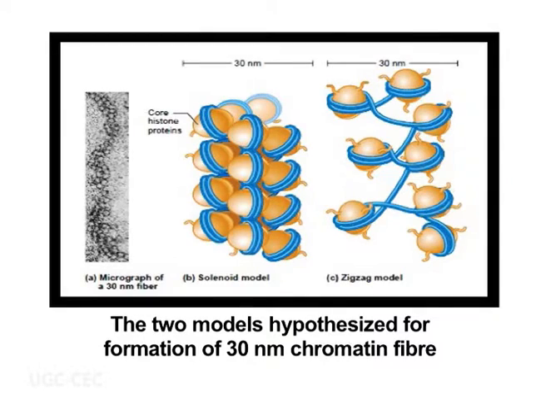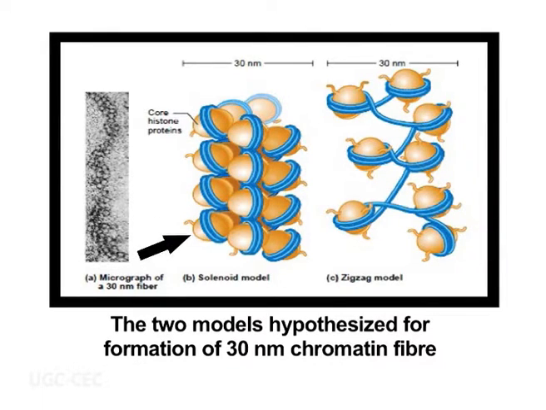The linker DNA gently curves as it connects the core nucleosome particles into a continuous helical array. There were two models hypothesized. One was the zigzag model, another is the solenoid model.